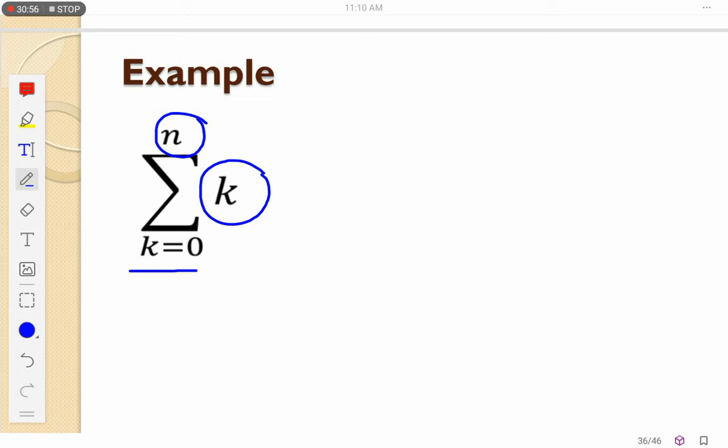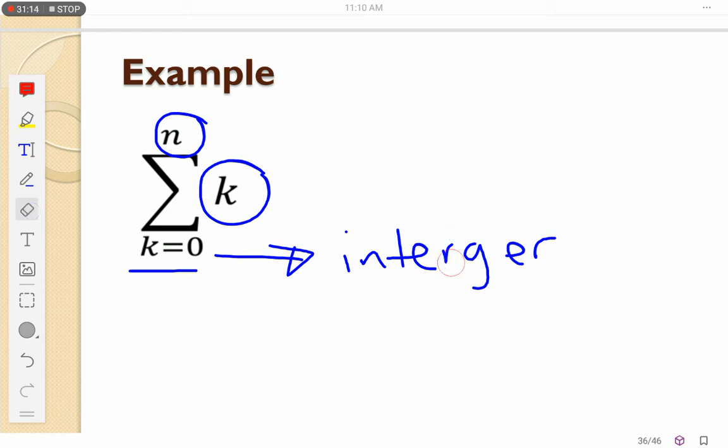The value of k can be 0, meaning our first integer for this one is 0. We are going to have a 0 here. Then the last integer, or the last term, we are going to increase up to n there, and we have the formula, which is k.